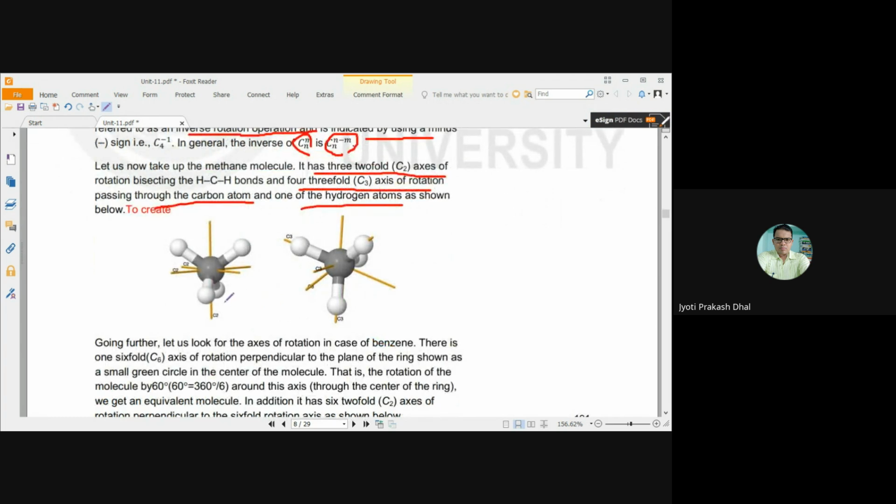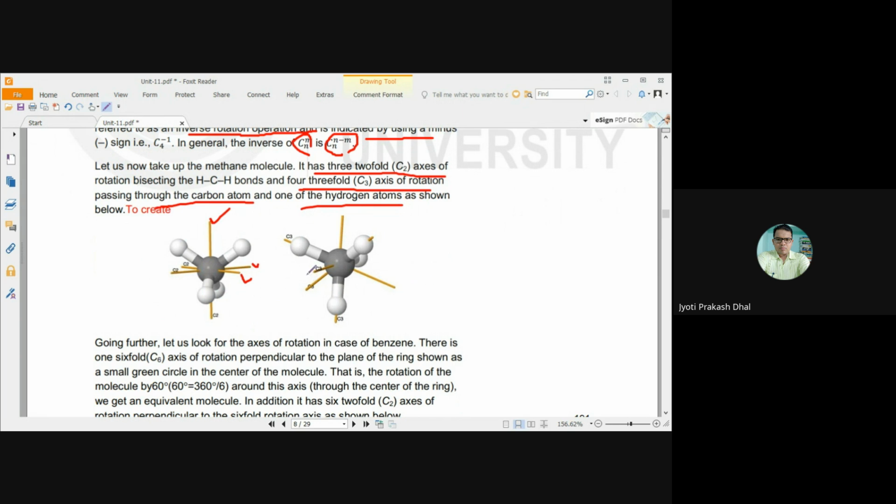Here you can see the structure of methane. This is one C2 axis, this is another C2 axis, and this is another. That means it has three C2 axes, that is three two-fold axes of rotation.